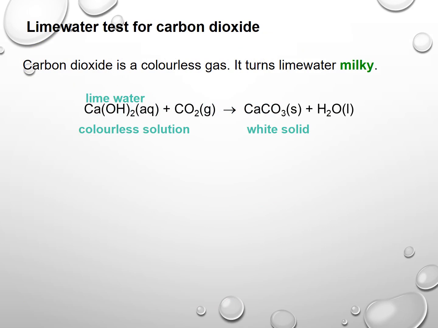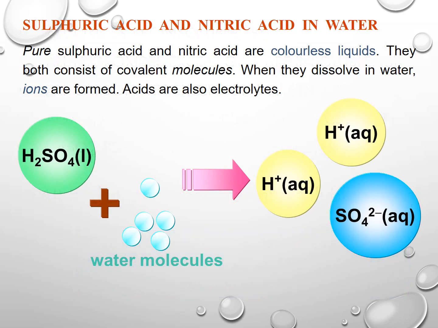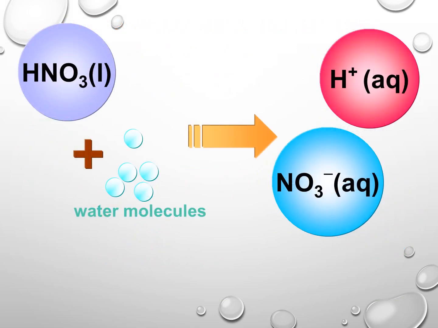To test for carbon dioxide, the gas is passed through lime water. If carbon dioxide is present, the lime water turns milky due to the formation of calcium carbonate. These reactions are frequently tested in KCSE examinations, so it is important to master both the equations and observations.